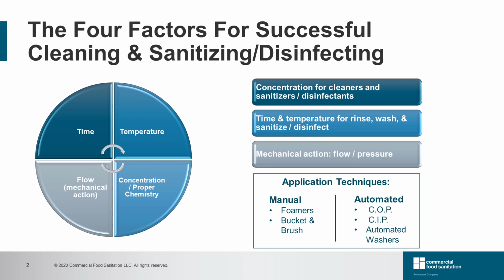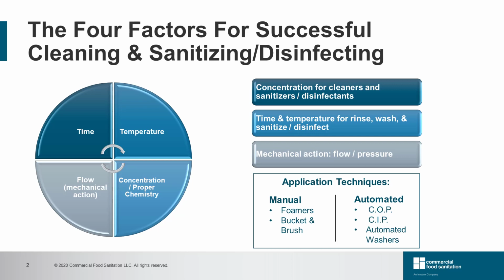After determining the parameters of the four major elements, we will next choose the application technique. In general, we can choose between two methods: manual cleaning and automated cleaning. When conducting manual cleaning, operators can use a foaming applicator to foam, followed by scrubbing, or apply the prepared chemical from a bucket using a brush or scrub pad, followed by scrubbing.